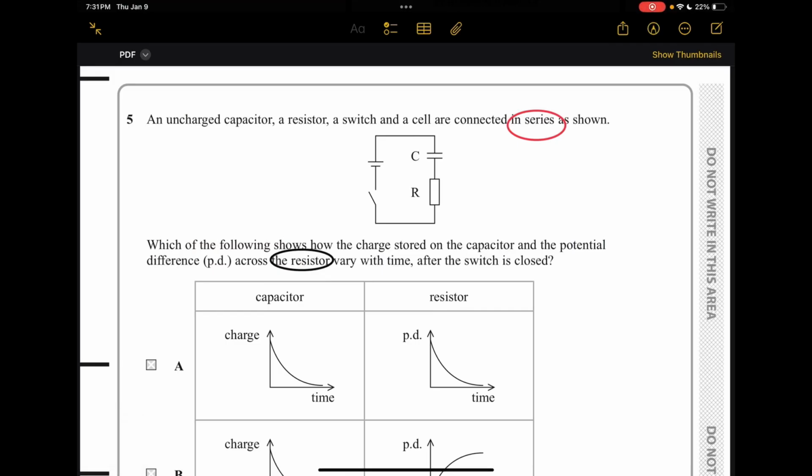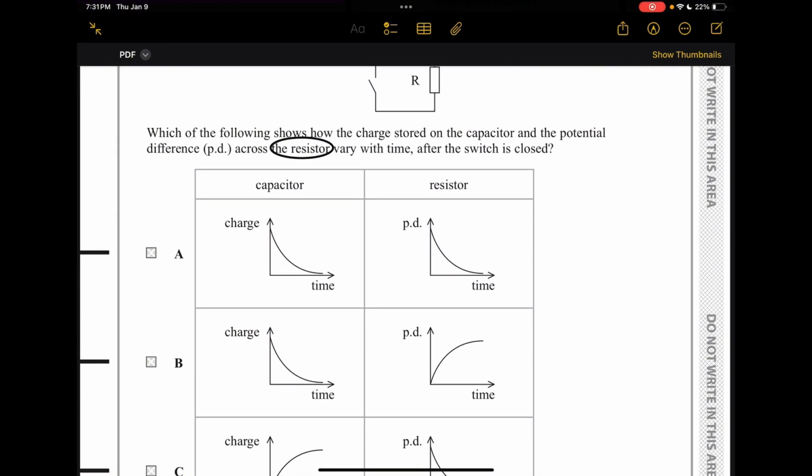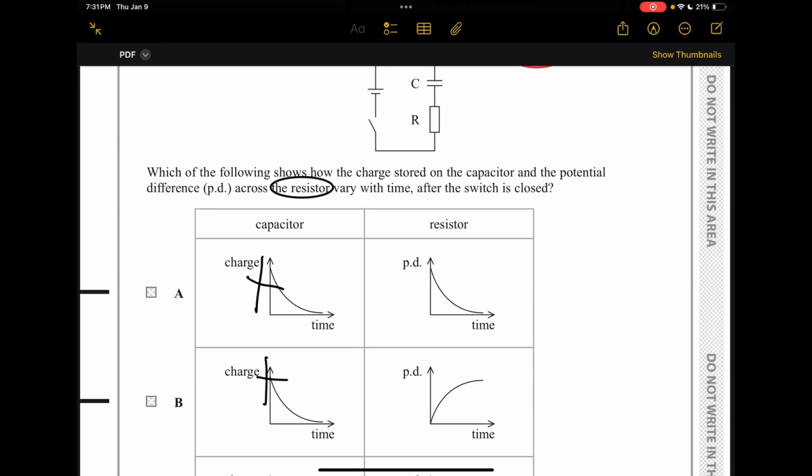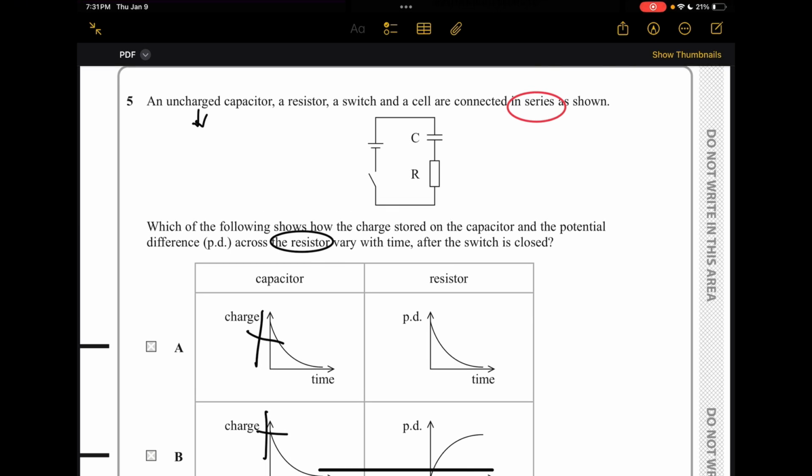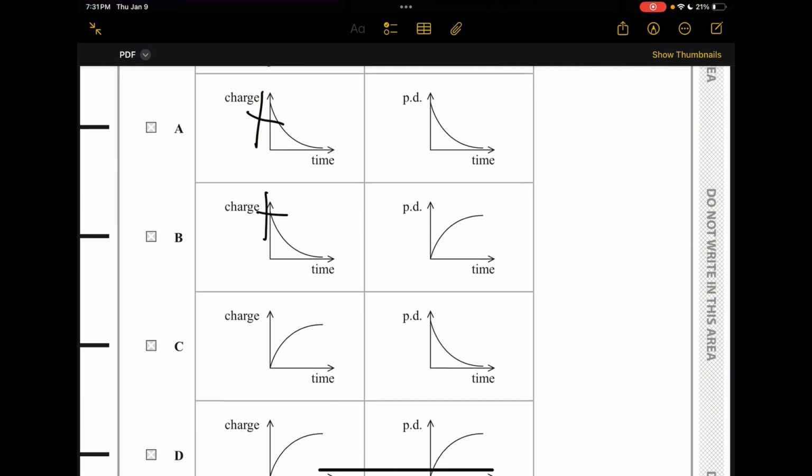As the charge will increase, A and B cannot be our answer. We will cross them out because here the charge is decreasing, but it is an uncharged capacitor, and when we close the switch, the charge will start to increase.